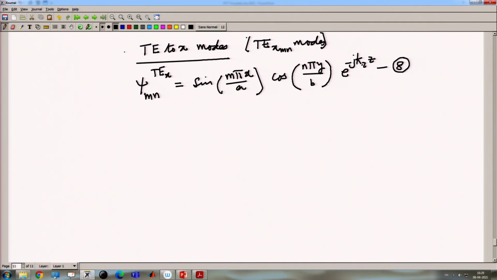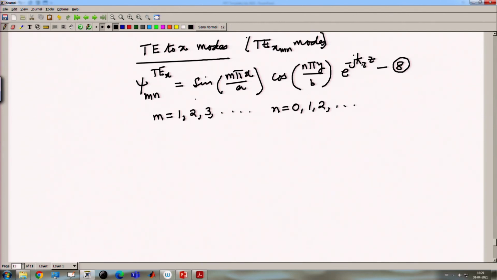Let us call this equation 8, where m is given by 1, 2, 3 etcetera, and n is given by 0, 1, 2 etcetera, and k z is as given before.